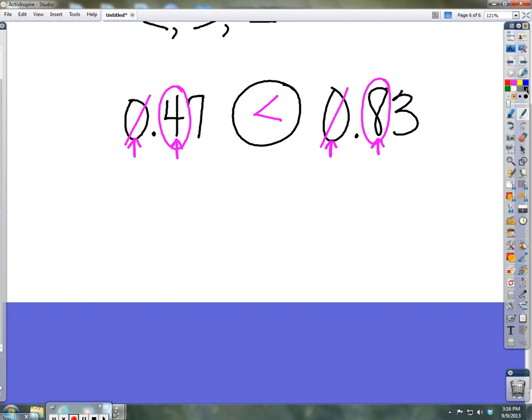This would also work no matter how many digits the decimal number has, because unlike whole numbers, you cannot look at the number of digits that the number has to determine if one's bigger or smaller. Here's an example.